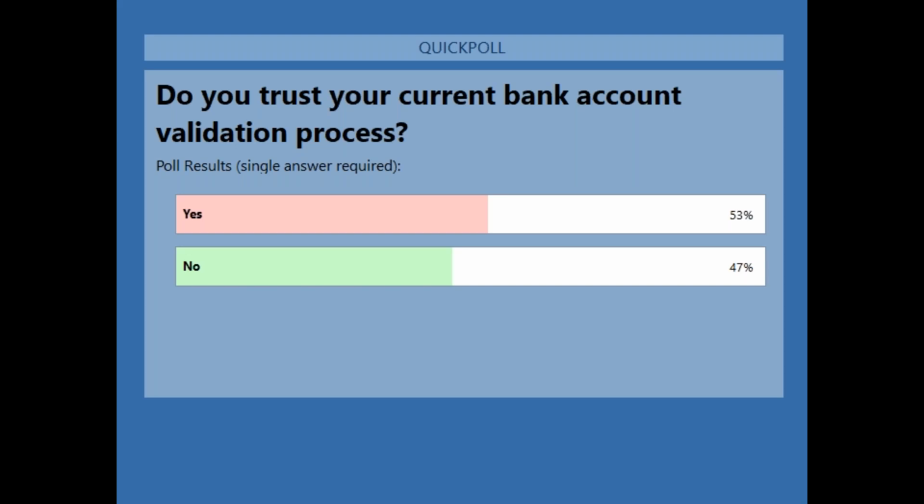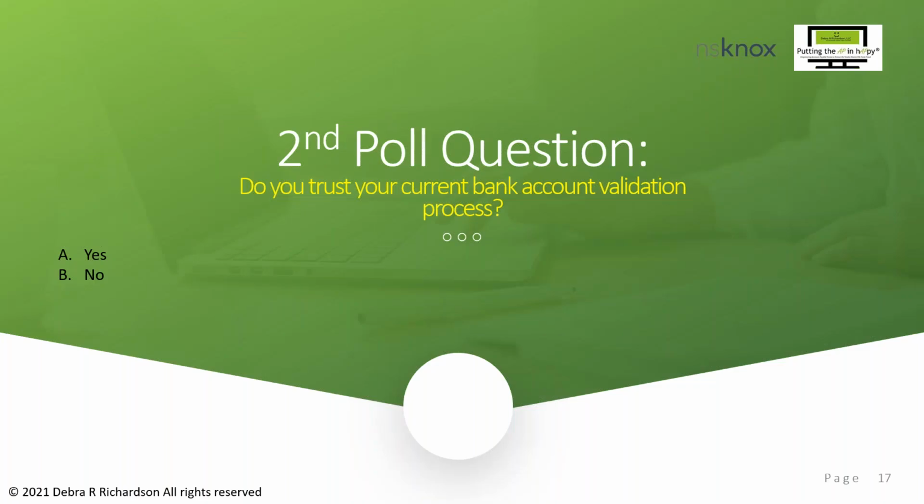It was a close split. 53% said yes, and 47% said no. So let's see if we can add some value to both sides that indicated that they have some type of bank account validation process, and see if we can either give you, for those that said no, identify what you can do, and then for those that said yes, see if we can add some value to that. So I'm going to go ahead and hide the poll, and let's continue.